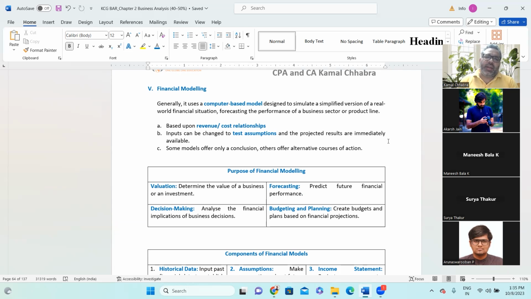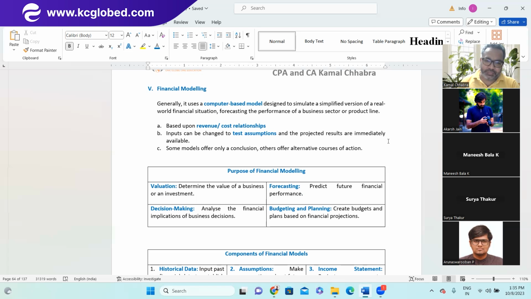Generally a computer-based model is used; nowadays all the number crunching happens with computer-based financial modeling technique that simulates a simplified version of the real-world financial situation, forecasting the performance of the business sector or product line.